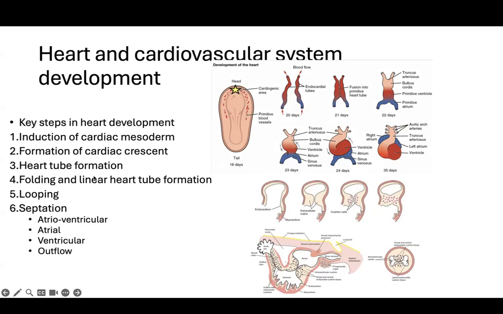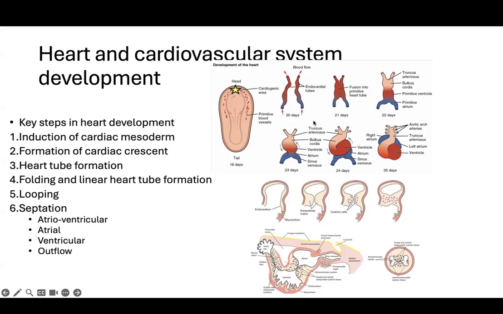And we have some important looping and septations. Septations are essentially the formation of the final four chambers. There's a divide between the atrium and the ventricles, further divides between the two atria and the two ventricles, and demarcated areas for the outflow tracts.